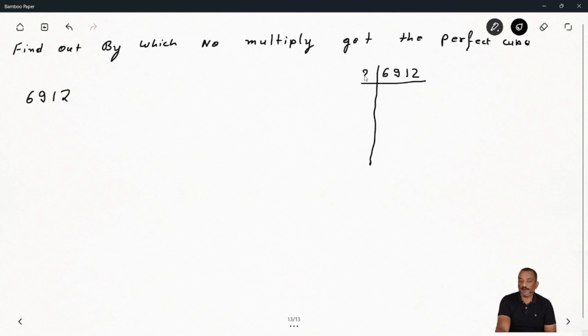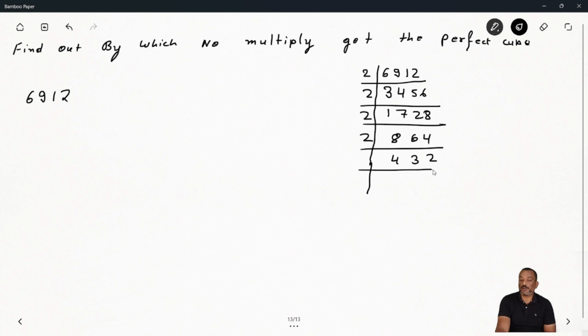So if you divide with the 2, so you will get here 3,456. Then again divide with 2, so you will get here 1728. Again you can divide with 2, so you will get how much? 864. Again divide with the 2, so you will get 432.